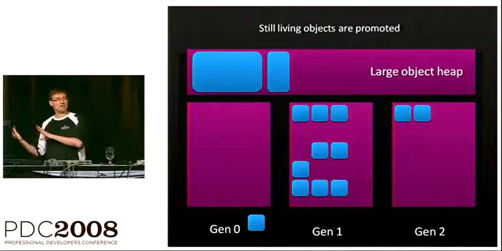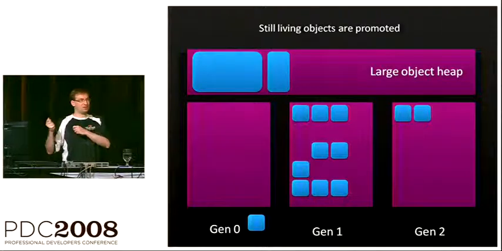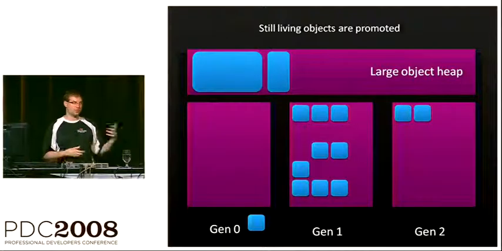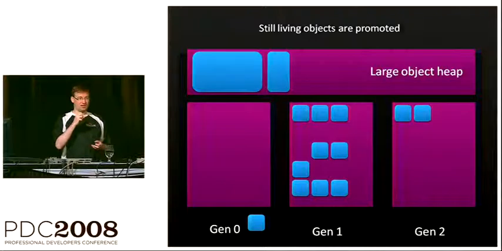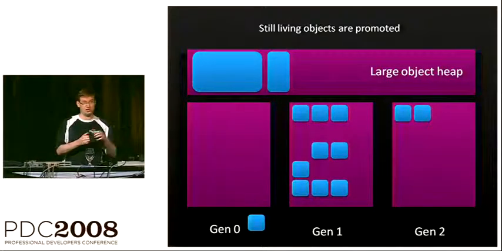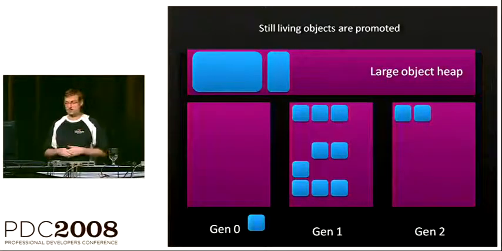That's when you start getting into trouble. So the moral of the story is you want a 10-10-10 kind of ratio, ideally, between Gen 0, Gen 1, and Gen 2, by which I mean Gen 1 collections are about 10 times less frequent than the ones in Gen 0, and Gen 2 collections are about 10 times less frequent than the ones in Gen 1.